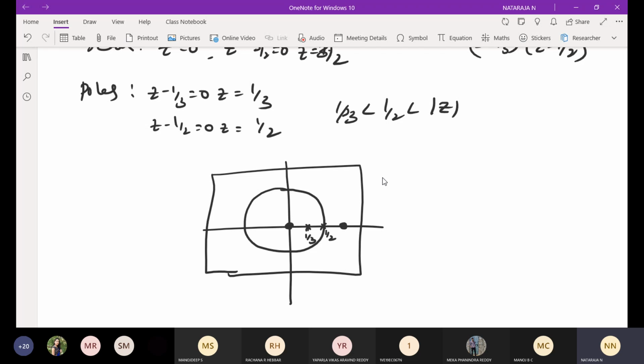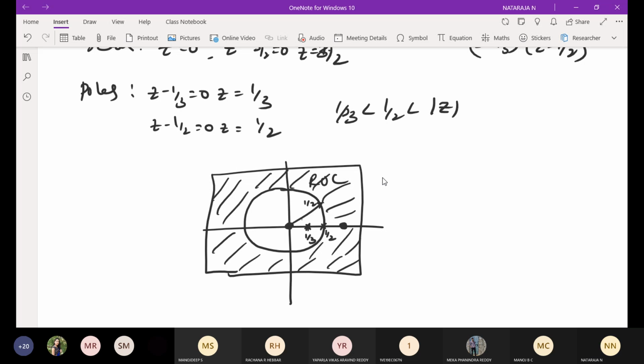Getting everyone? Any issues? Then see, the magnitude of z is greater than 1/2 and 1/3, so this is your ROC. This is your 1/2 and up to this star, 1/3. Stars indicate that they are poles, and this dark circle indicates that it is a zero.